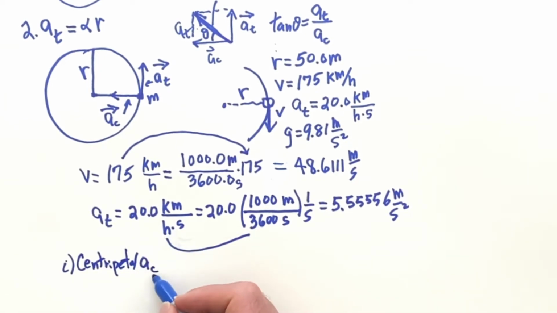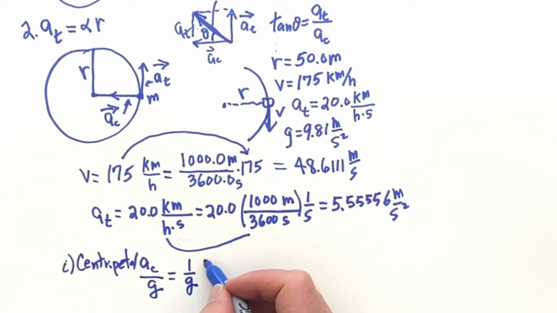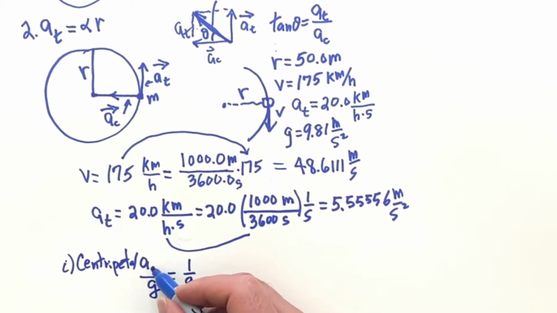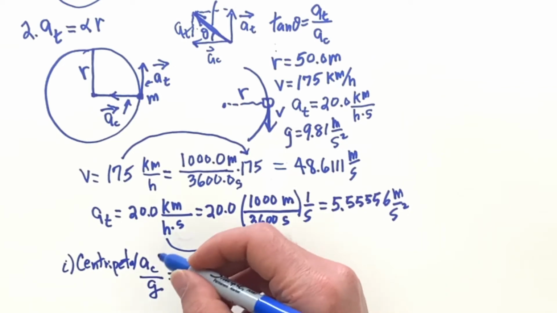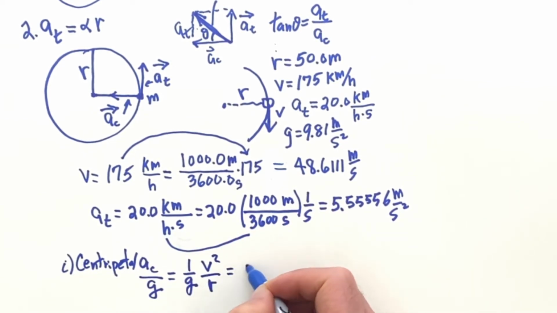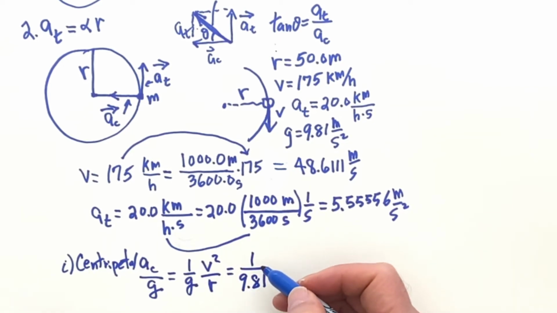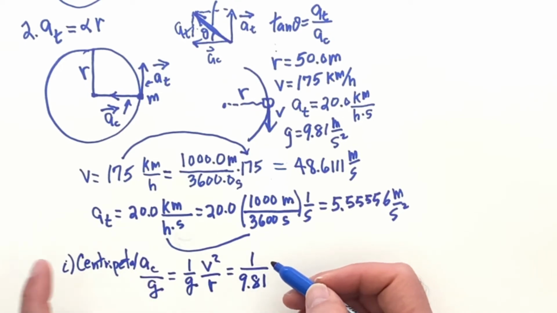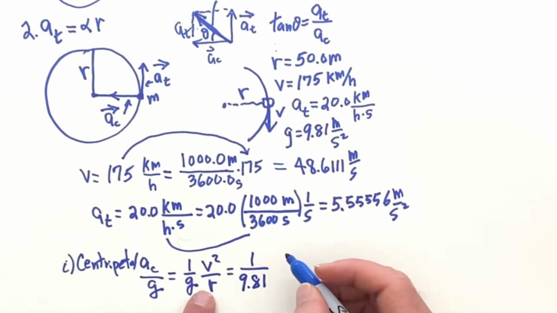Here we would take the centripetal acceleration and divide by g to find how many g's. That's 1 over g, and for the centripetal acceleration, you just have v squared over r. So that's 1 over 9.81. And this will basically be a number like 3 g's or 4, it's a ratio.